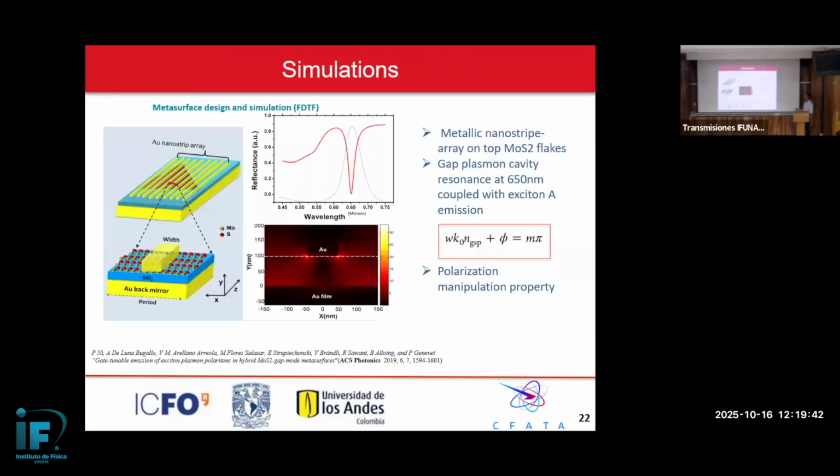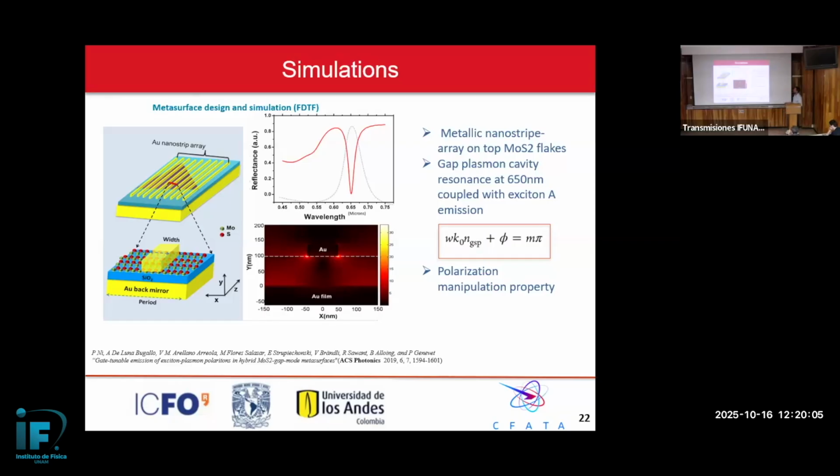Okay, so as I told you, we decided to put these metallic stripes in order to control the polarization of the emitted light. These metallic stripes were simulated in order to couple the... Okay, so you cannot see. Okay, I guess it got lost too.